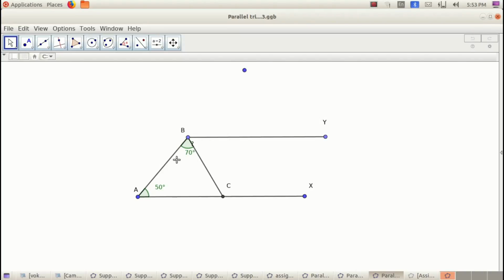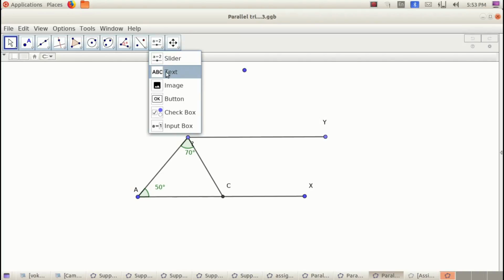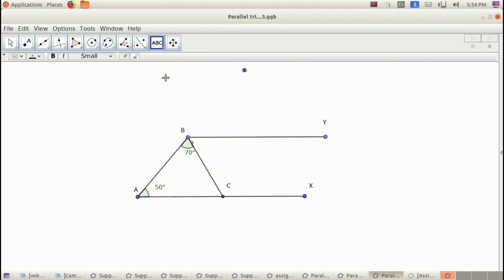We know in the earlier figure, the co-interior supplementary angle is 130. And if we subtract 70 from 130, what will be the result? It is 60.